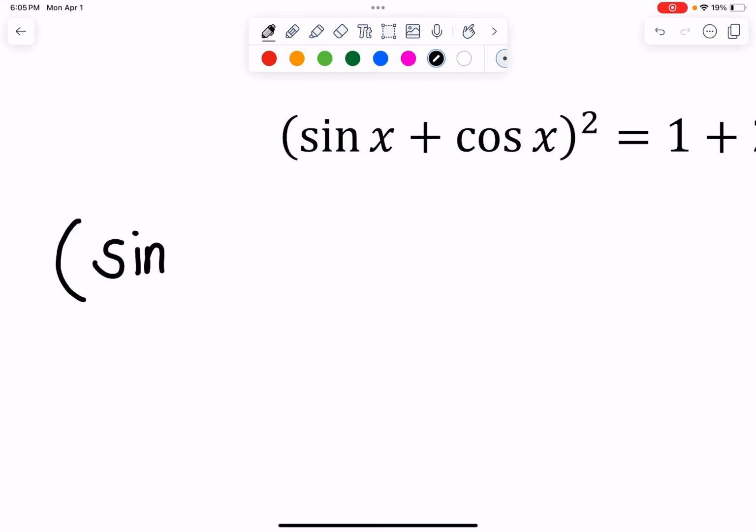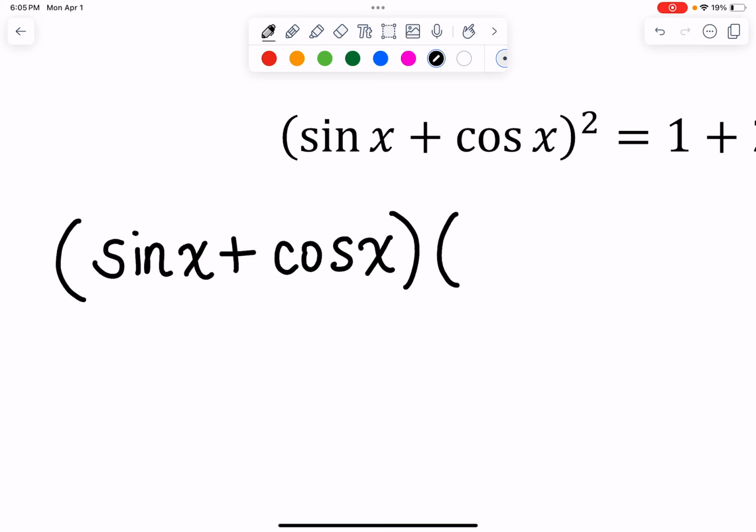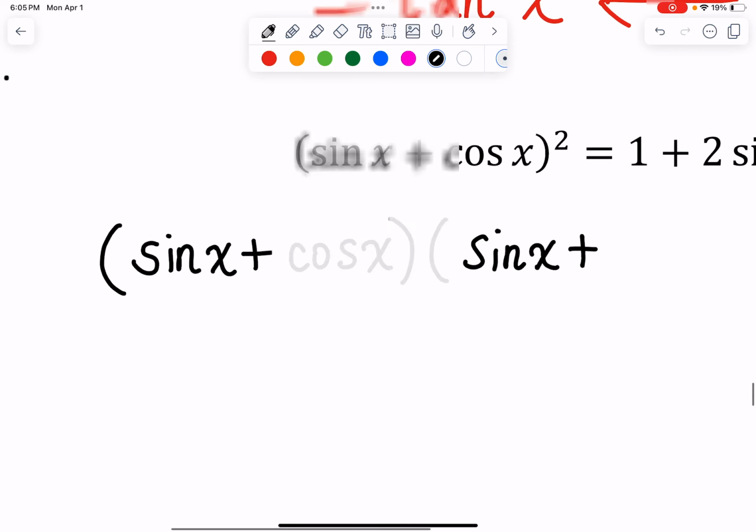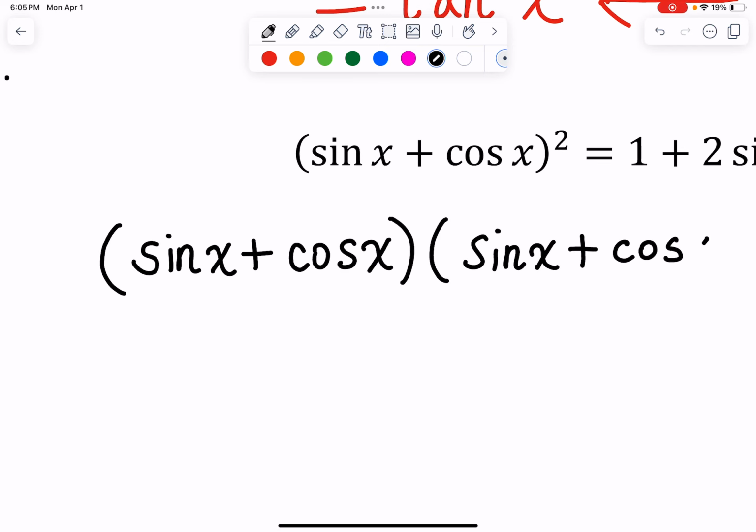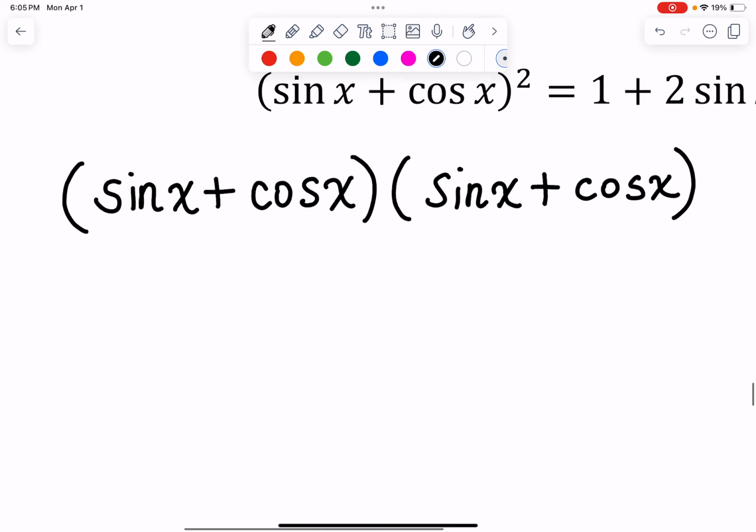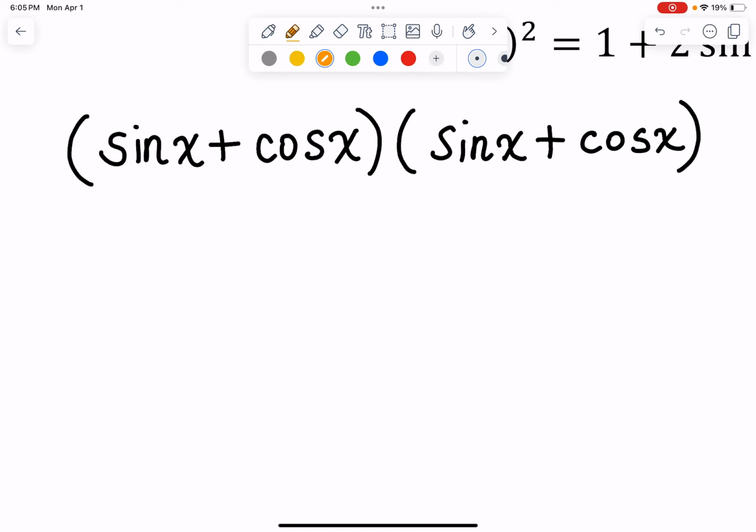So what I have is sine x plus cosine x squared. I am about to FOIL that out, so I'm going to write it out twice. Let us FOIL this, okay? First times first, sine times sine is sine squared x.